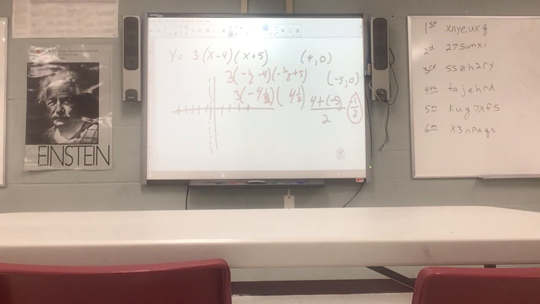Okay. So I got 3 times negative 4.5. What is that? Can somebody help me? Here I got to do the fraction. Negative 4.5 is negative 27 halves.